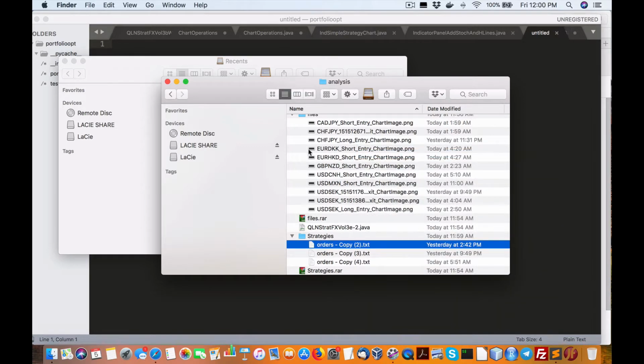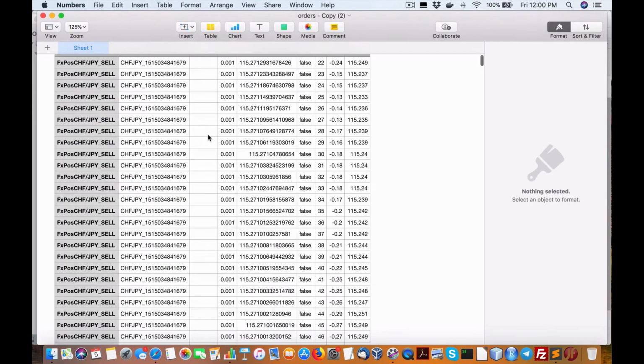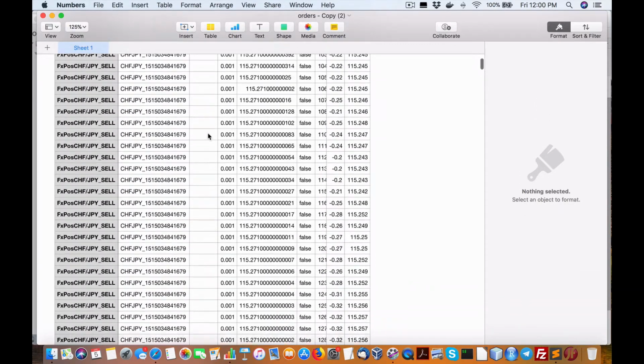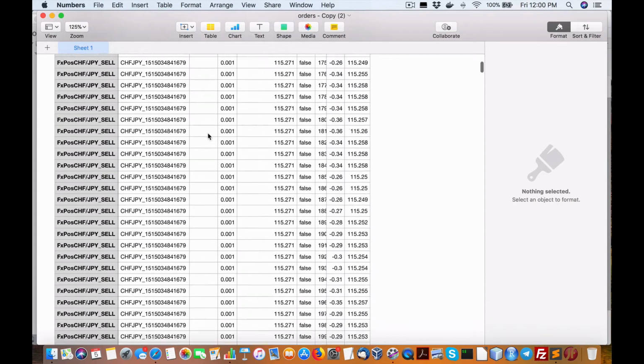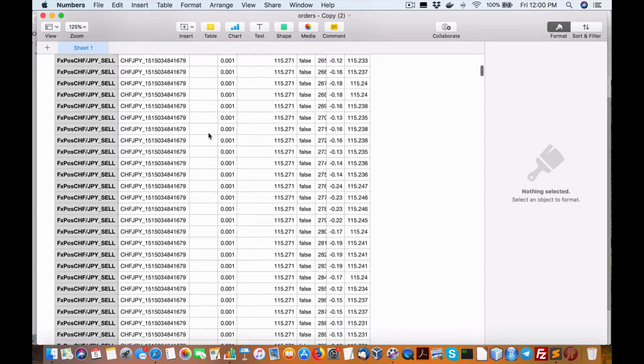We'll do that one. This is like a spreadsheet program from Apple, a little slow, but that's okay. So here we are. The first set of trades we are dealing with is the Swiss franc and the Japanese yen.